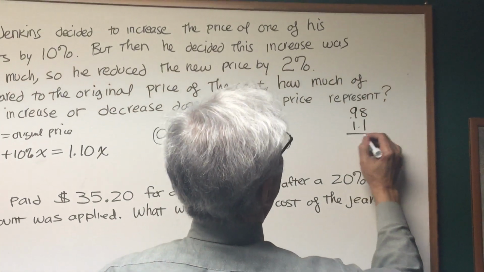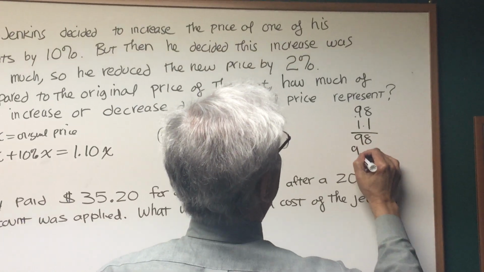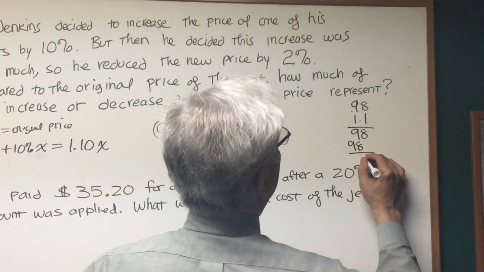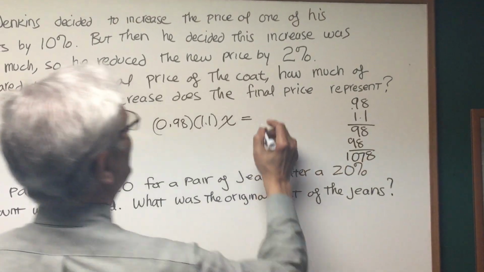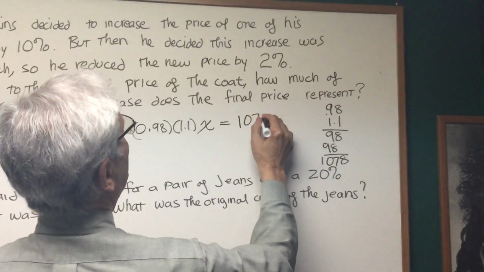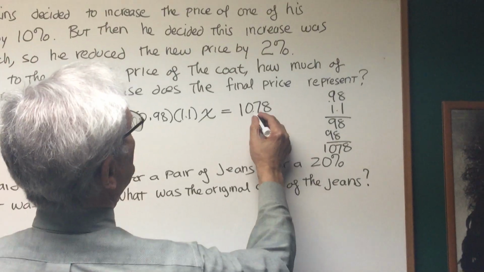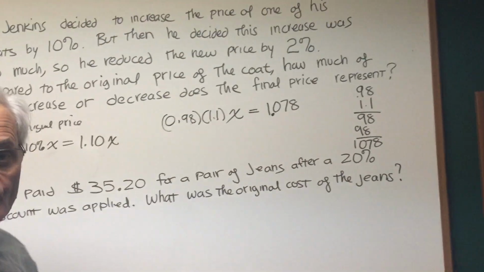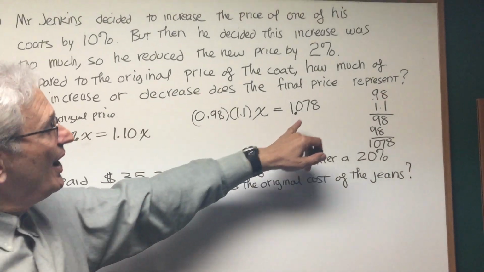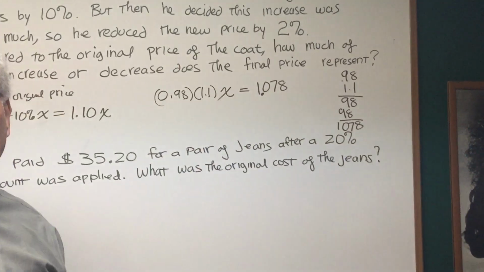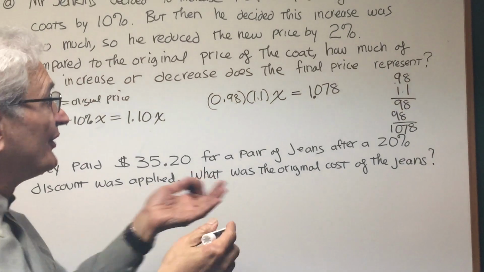1.1 times 0.98, that gives us 98, and 9 and 8 is 17, 107.8, 1078, with how many decimal points? 1, 2, 3. So 1.078. So the new coat is 7.8% more than the original coat.